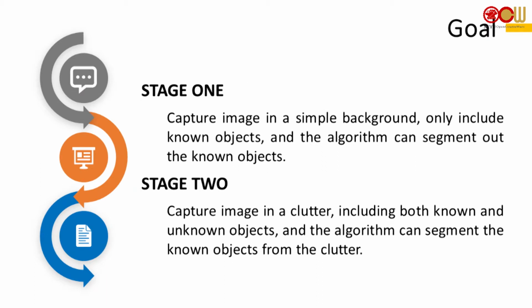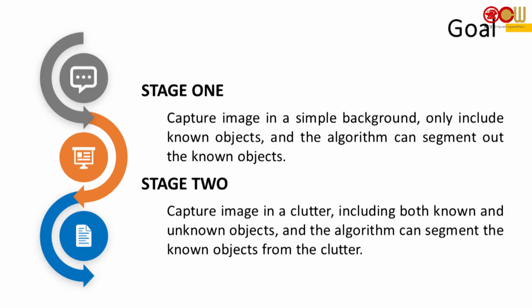So this is our goal we want to achieve. We will build a database for our objects, and we will refer to them as our known objects later. In stage 1, we will capture images in a simple background, and it only includes our known objects. The algorithm can segment out the known objects from the scene.